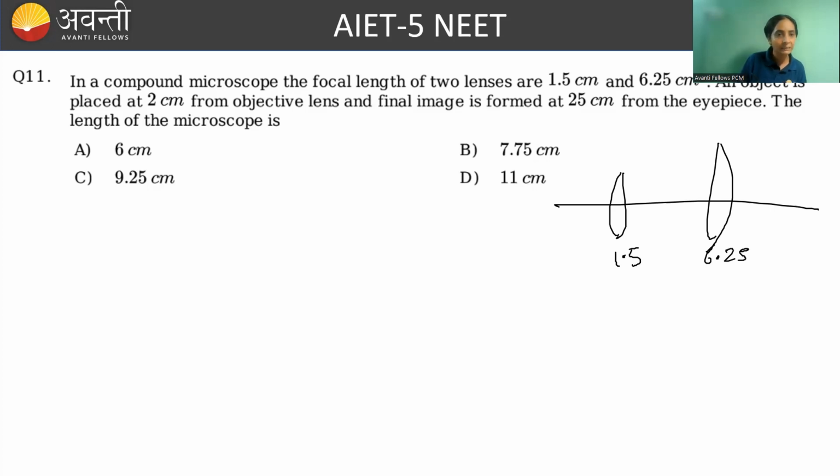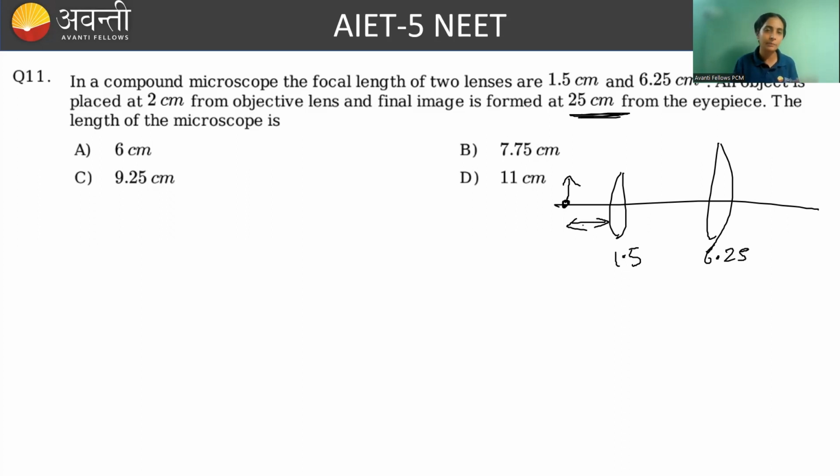An object is placed at 2 centimeter from the objective lens. Okay, where is the object kept? It is kept at 2 centimeter from the objective. Definitely the object we place before the objective lens. And the final image is getting formed at 25 centimeter from the eyepiece. Now, if you remember compound microscope, I have told you the final image has two cases.